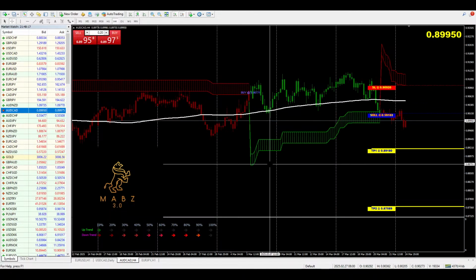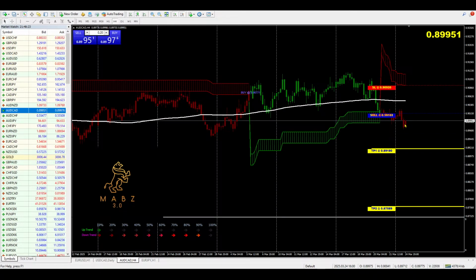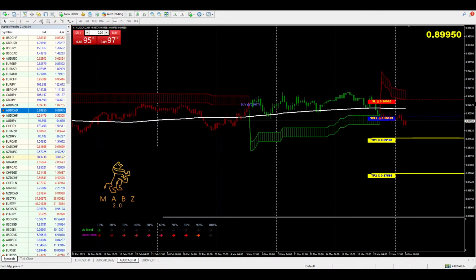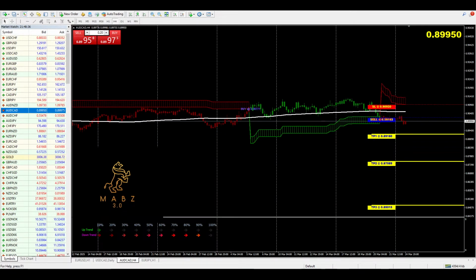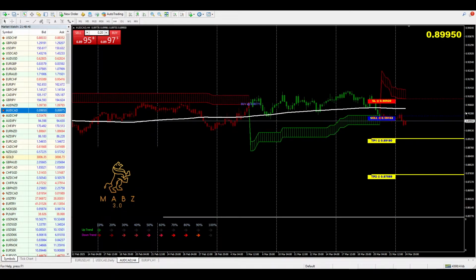That's the second thing we want to see if we want to get a sell trade. So if the price is underneath the 100 moving average, and the volatility meter is red and above 70%, then that validates the trading levels, these trading levels right here. That means we can believe this trading signal.